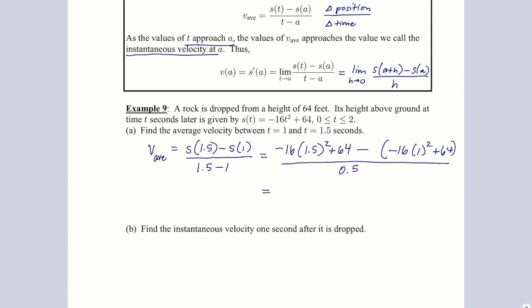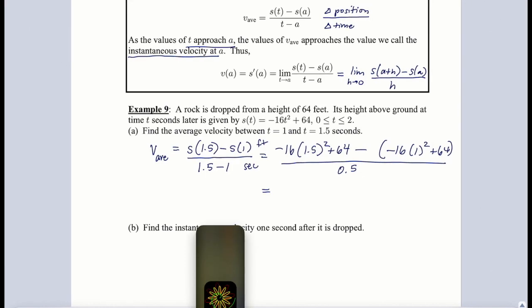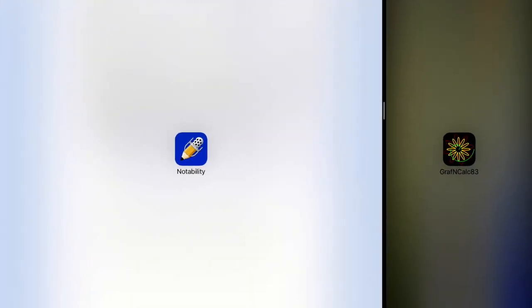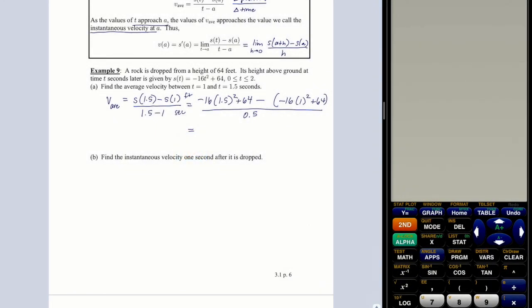Right, so the label on my numerator will be feet, and the label in the denominator would be seconds. And this is looking good because I want the velocity label to be something like feet per second. So I'm going to need a calculator. I have negative 16 times 1.5 squared plus 64 minus negative 16 times 1 squared.